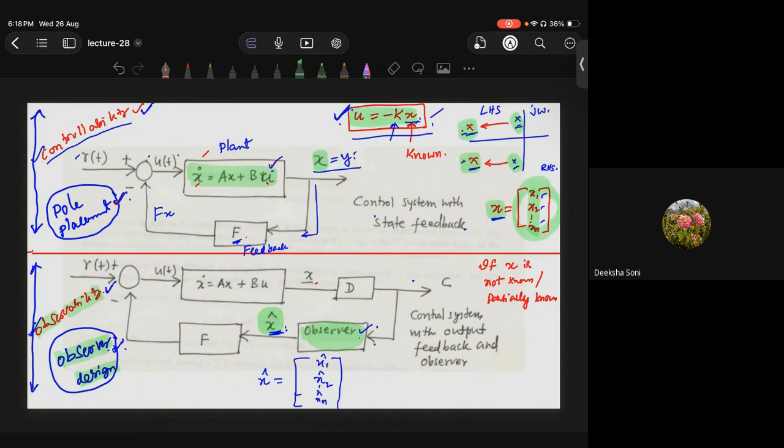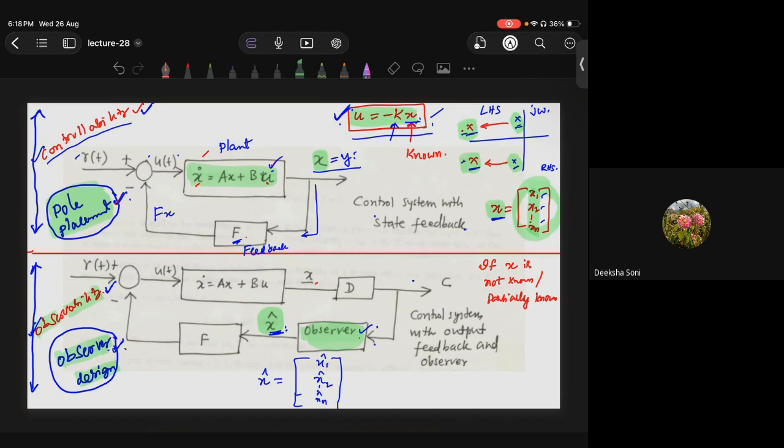The pole placement will do that job for us. By properly designing U in the form U is equal to minus kx, where U is nothing but the control input, and substituting minus kx here, we are controlling the entire plant to go from the old poles to the new poles.